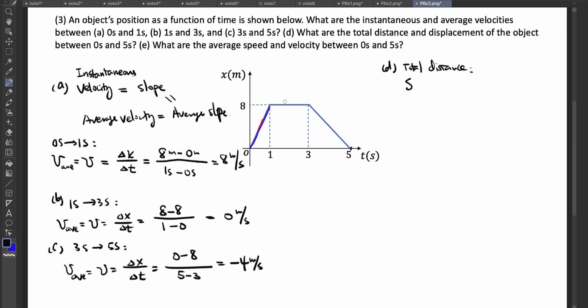And lastly, we go from 8 meters to 0 meters, so the distance traveled is 8 meters again. So total distance equals 8 meters for the first section, plus 0 meters, plus again 8 meters. So we get 16 meters.